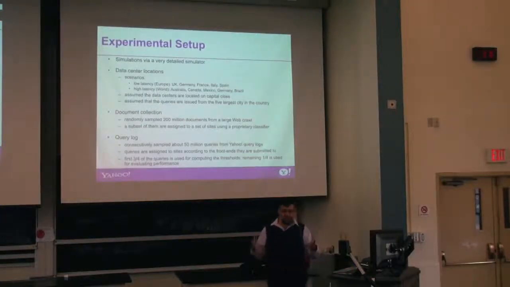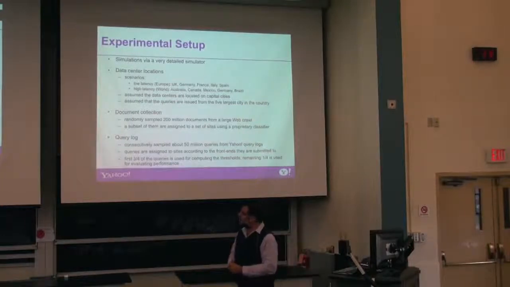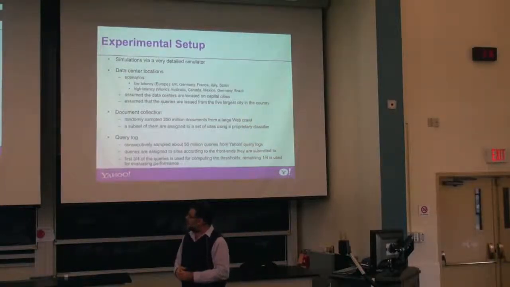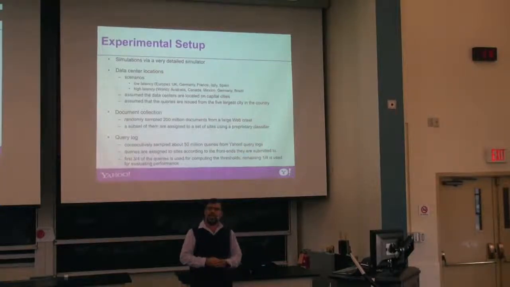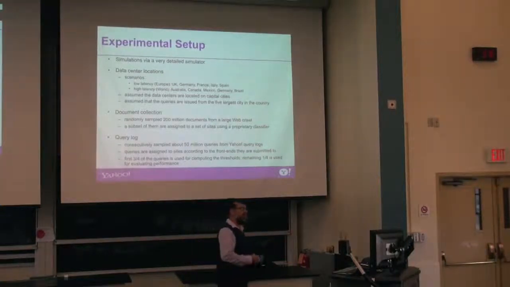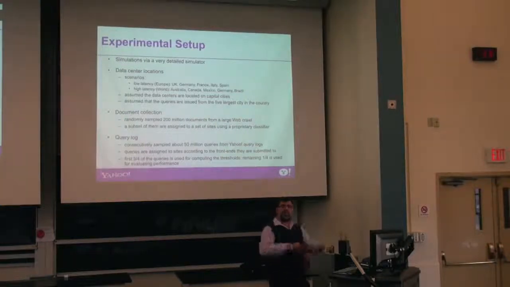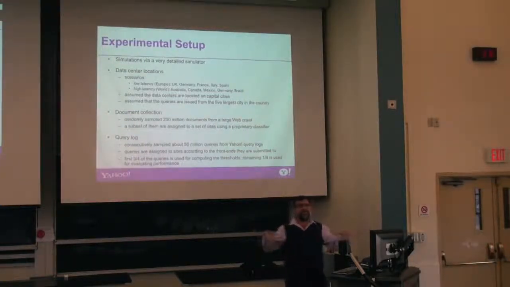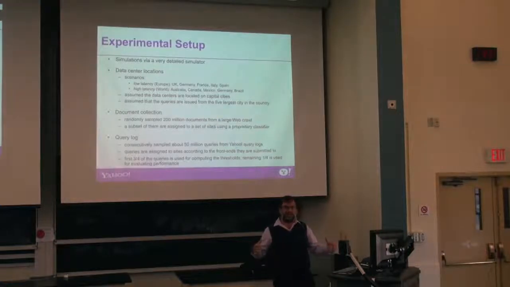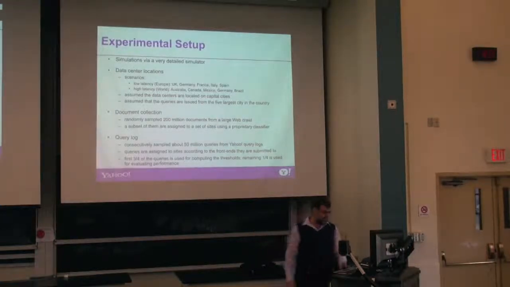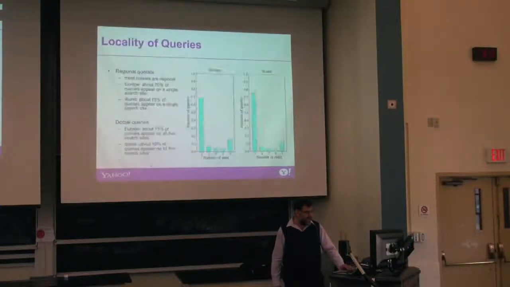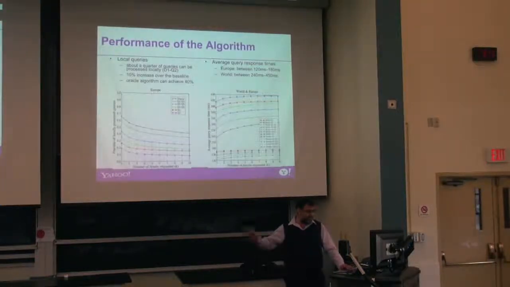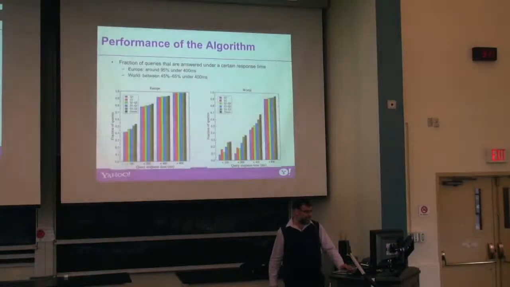We did a real system, so we had machines running in several places. Right now we have Singapore, Switzerland, Spain, Chile, the US, and Turkey. So we know the real numbers of all these, so we can simulate it. We cannot run this for long, but we can simulate this, so we get the right numbers, and then we build the next simulator. And then we said, and I will skip this, let's put everything together.